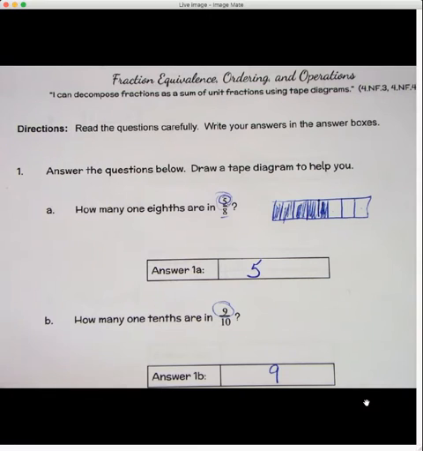Here's 1/2 of a circle, 2/2 of a circle, 3/2 of a circle, right? So how many halves do we have? We have 1/2, there's another half, and there's another half. We have 3/2, okay? So it doesn't matter that this number on top is bigger. We still just have 3/2.